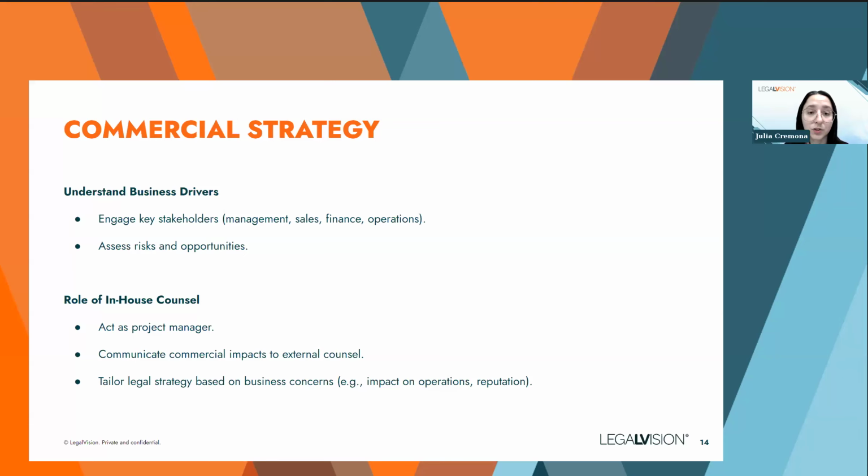Like we've mentioned earlier, if there are significant impacts on the company's operations or reputation that come out of a dispute, sometimes external legal counsel might recommend a more aggressive approach to protect the company's interest. As another example, if the dispute presents an opportunity to strengthen a key customer relationship, they might suggest a more conciliatory approach. But it really depends on the circumstances and understanding the context and the business drivers behind it.